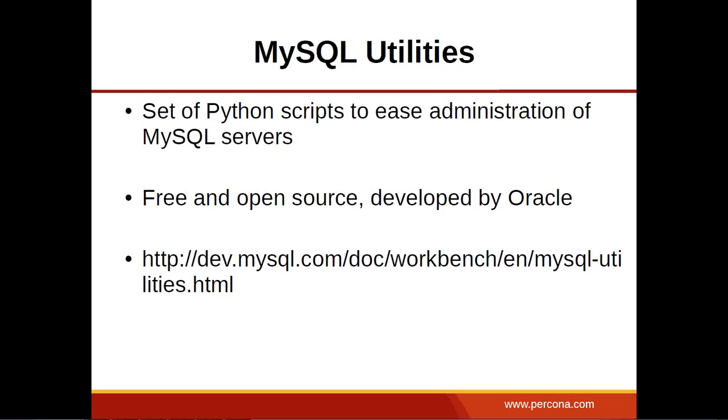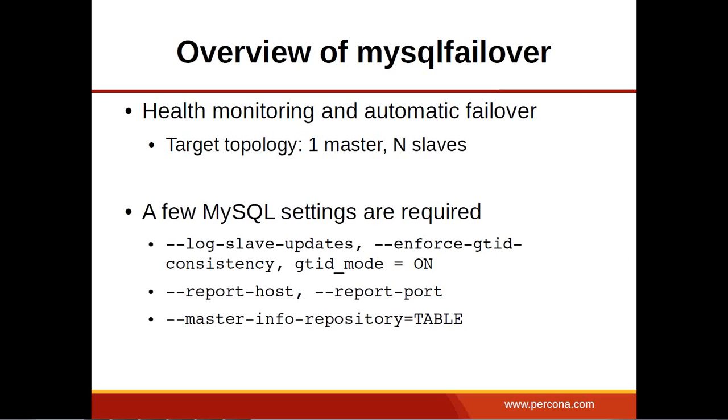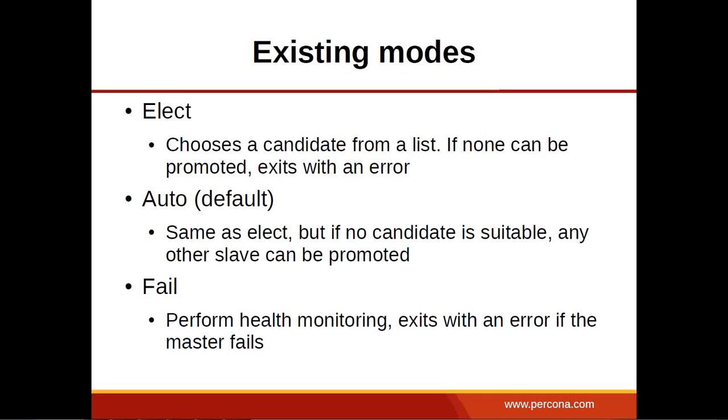To use it, you have to use GTID-based replication, so turn on GTID mode, log-slave-updates, and so on. You also have to enable a few extra options like report-host, report-port, and master-info-repository=TABLE. Now, the tool can work in three main modes. The first one is elect. You give the tool a list of candidates for promotion, and at failover time, the tool will choose one of the candidates.